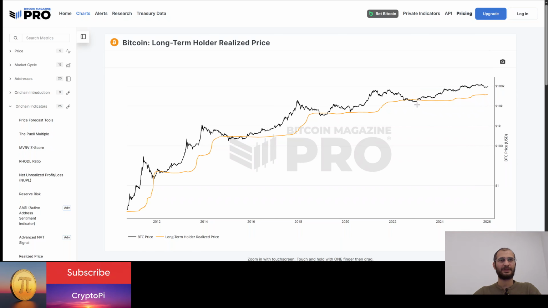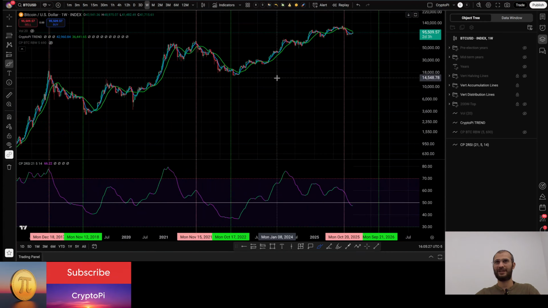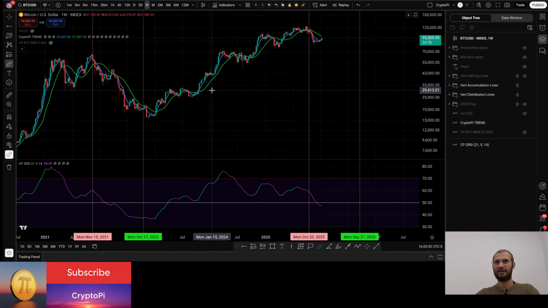And in the last cycle, the price went below it. Basically, in every cycle, the price went below it. So there is a good possibility that we might go under 38,000. So where does that bring us to?